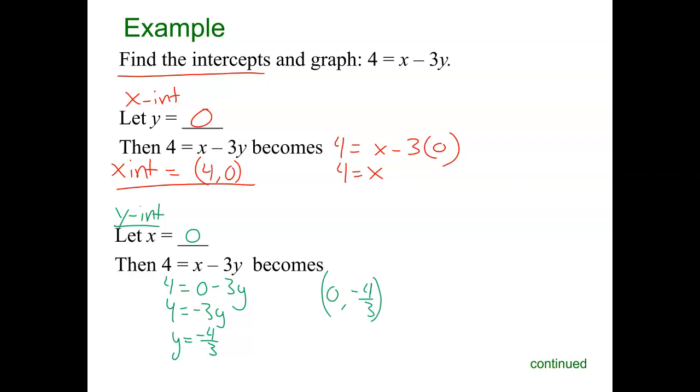Again, another friendly word of advice. What is negative 4 thirds in decimal notation? Negative 1.3333 repeating, right?